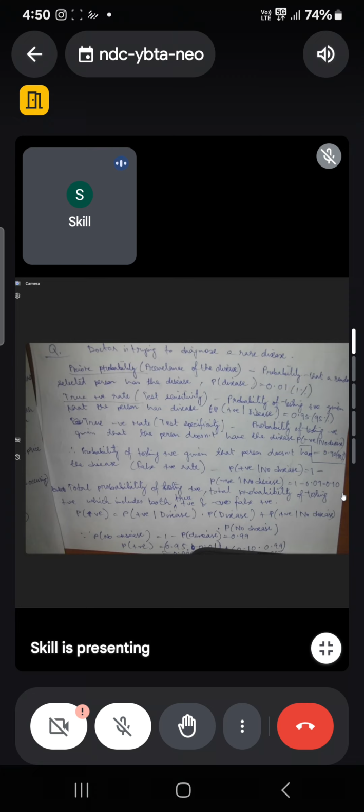Positive testing means the person has the disease, so we write P positive given disease. Negative means the person does not have that disease, so we write P negative given no disease. Understand it like this only. These are the terms they use for true positive and true negative. This will be given in the problem also. Okay, sir.